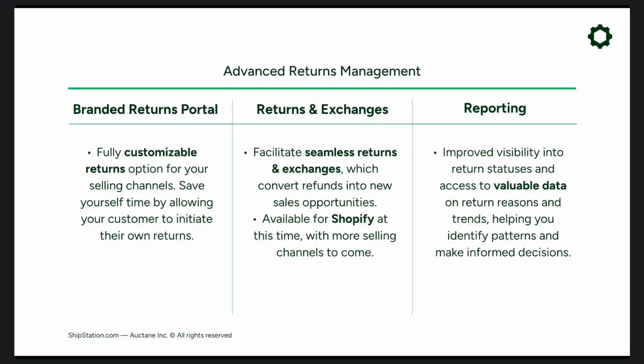And with that data, you can implement changes, either changing your products, reaching out to your supplier to change sizing, if anything, or implement different workflows into your ShipStation account or into your processes. Things like our scanning capabilities to verify that those items are correct before they're actually shipped out to your customers. We'll touch on that here in a moment.